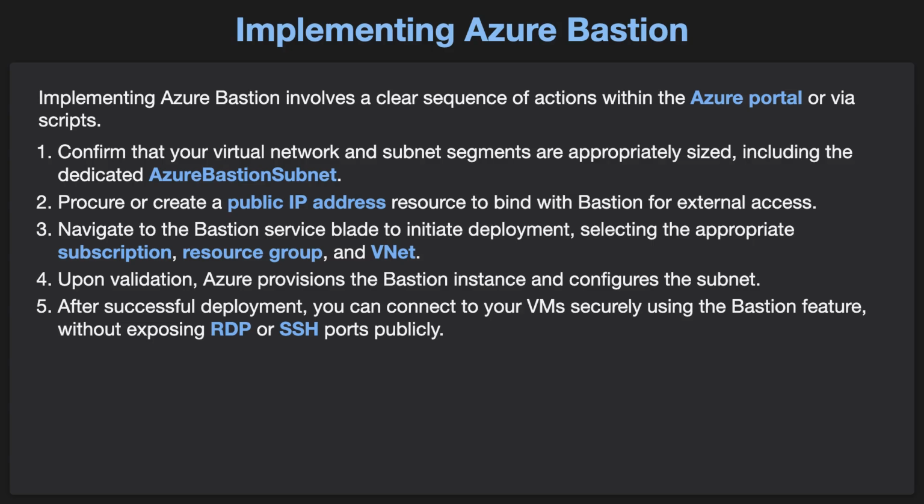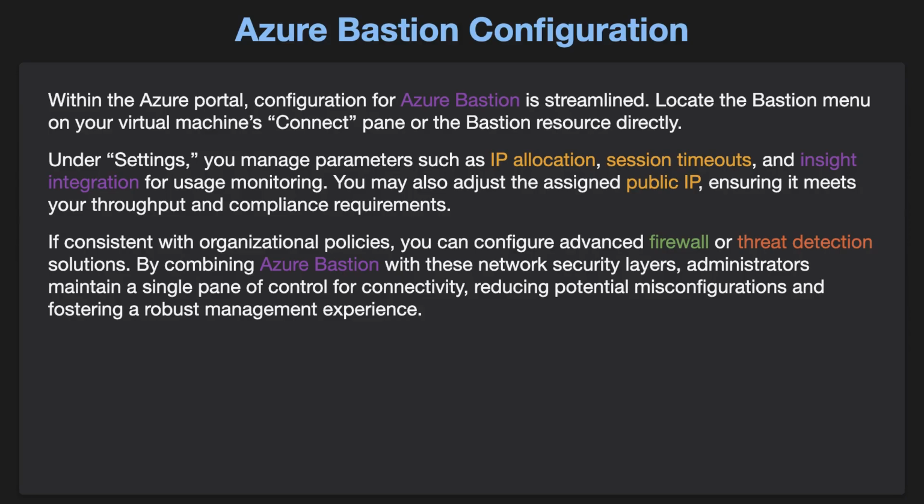Then, navigate to the Bastion service blade to initiate deployment, selecting the appropriate subscription, resource group, and VNet. Upon validation, Azure provisions the Bastion instance and configures the subnet. After successful deployment, you can connect to your VMs securely using the Bastion feature, without exposing RDP or SSH ports publicly.